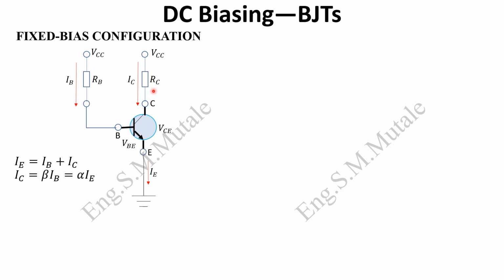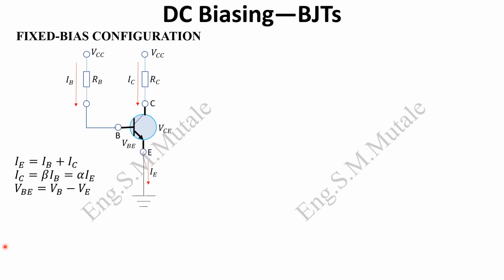Another formula you need to note is the relationship between the collector current and the base current. Collector current is beta, a constant which will be given, times the current passing through the base, or alpha, also a constant which will be given, times the emitter current. So you can express collector current in terms of base current or emitter current by that relationship.